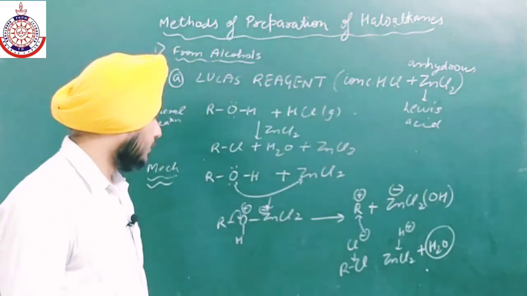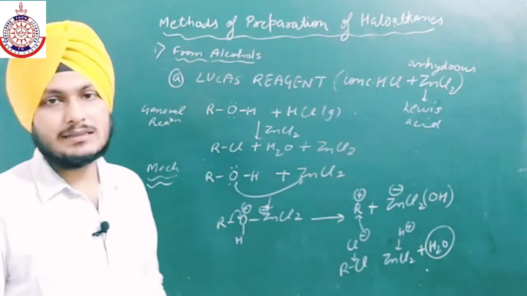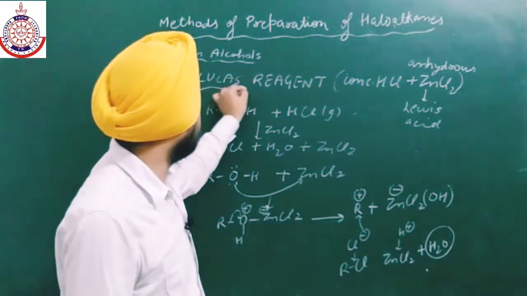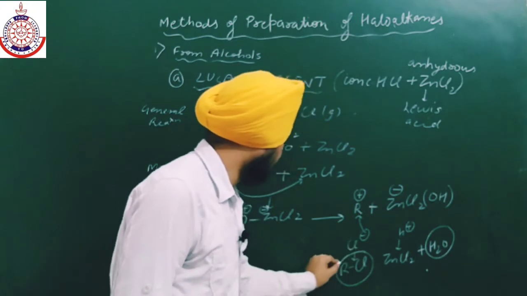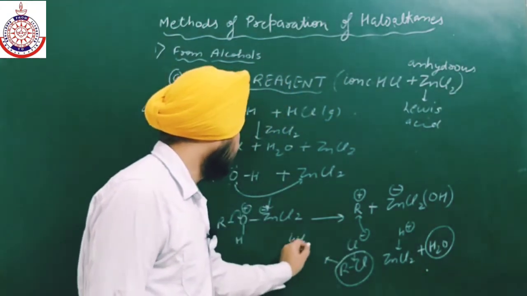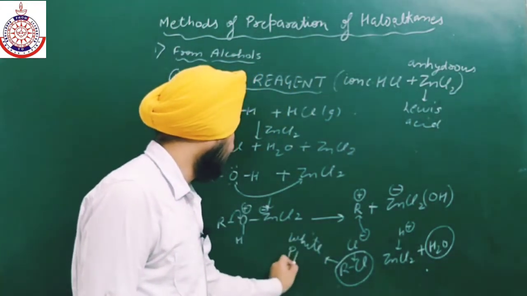Okay, and why it is also known as the Lucas reagent test? Because the RCl formed is in the form of a white PPT.